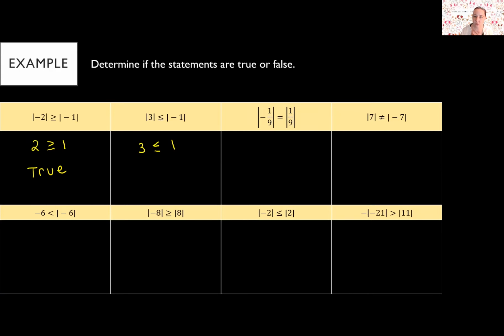It's 3 less than 1, which is false. 3 is bigger than 1. Whereas 3 equal to 1, that is also false. So both of those things are not true, which means that this is a false statement. So the original statement, the absolute value of 3 less than or equal to the absolute value of -1, is false.